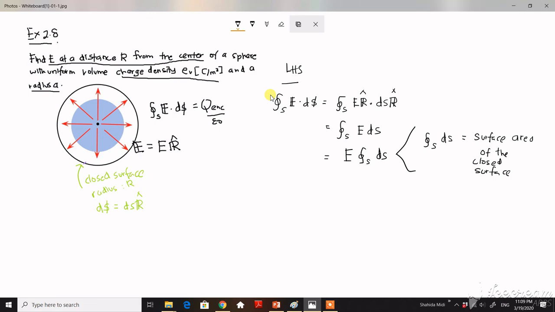The closed surface is a sphere. The surface area of a sphere with radius r is 4 pi r squared.